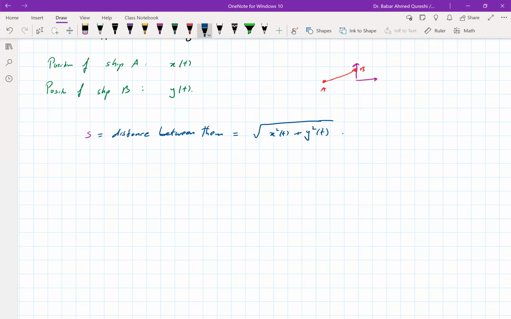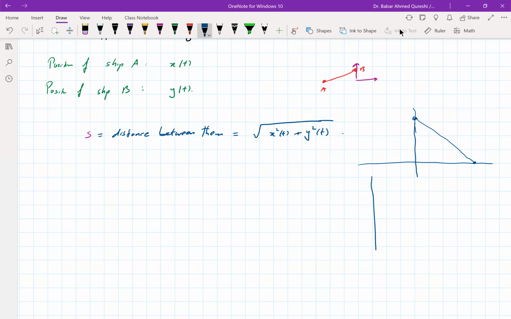So why is there a plus in between? What do you mean, why is there a plus in between? If you have a point here and a point here, what would be the distance between them?